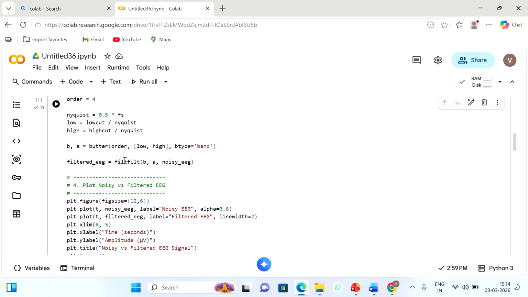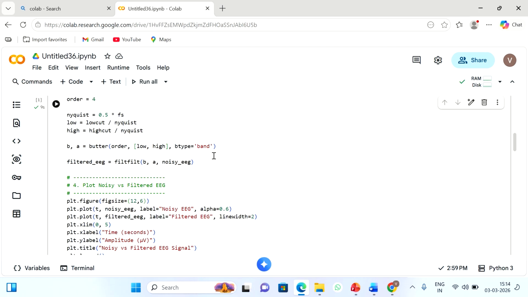So in this way, we are generating the filter coefficients. Now filtered EEG is equal to filter(B, A, noisy_EEG). These two, B and A, are the filter coefficients, numerator B and denominator A. The Butterworth filter is chosen because we get a smooth frequency response and there is no ripple in the pass band.